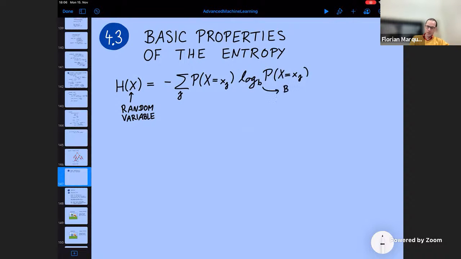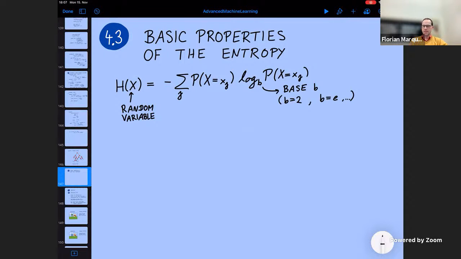So the logarithm is base b, and what Shannon was using is, of course, base 2, or we could also be using base e, and so on. The numerical value of the entropy, of course, will be slightly different, but it's only a multiplicative prefactor, so it's not so dramatic.